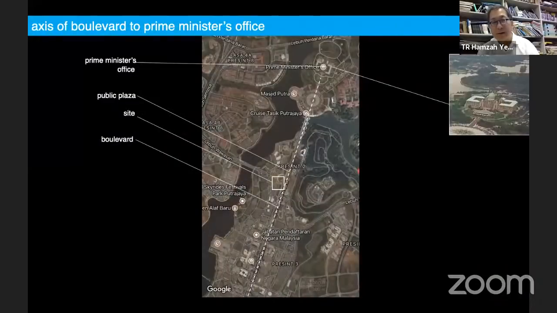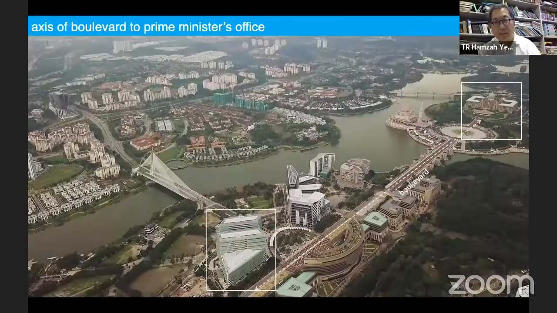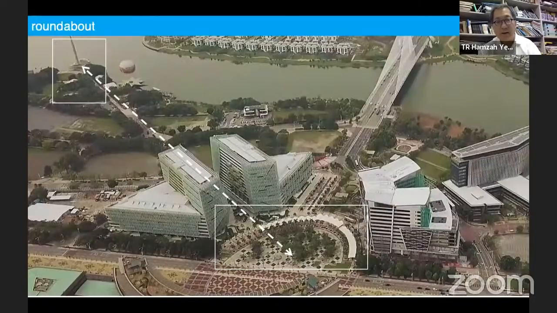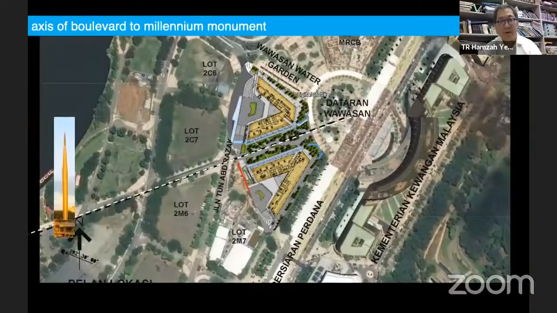And so this is the fauna that we want to bring back, and then this becomes the basis for the landscape design. Now the building is that little white square, and it lies along the axis that leads to the Prime Minister's office. But from our buildings, there is an axis that goes to the Millennium Monument, which is a monument by the waterfront, like a little spire, which was also designed by us several years back.